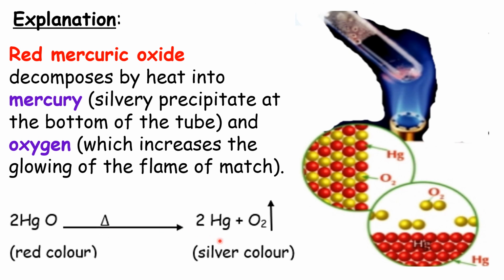It decomposes into mercury and oxygen gas evolves والميركوري هنا silver color. في البارت ده من السيلبس هناخد بالنا ان الالوان مهمة جدا. The colors of compounds are very important.